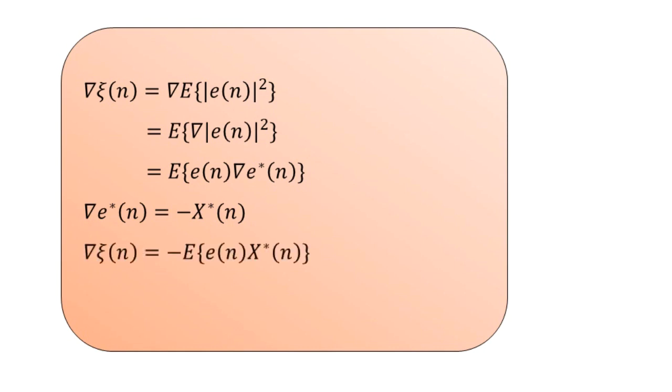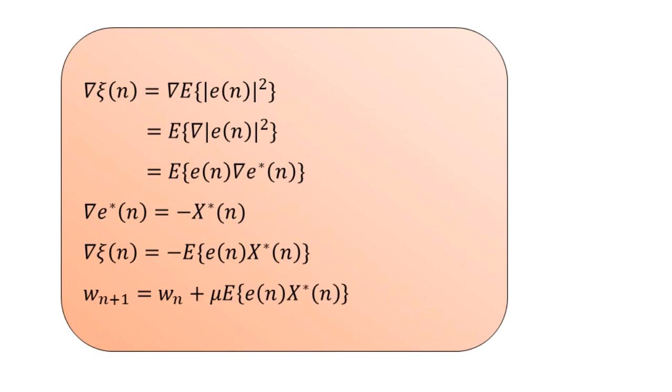So therefore, if we consider a step size represented by mu, the steepest descent algorithm will take the form w suffix n plus 1 is equal to w suffix n added by mu times the estimate of e of n multiplied by the complex conjugate of x of n.